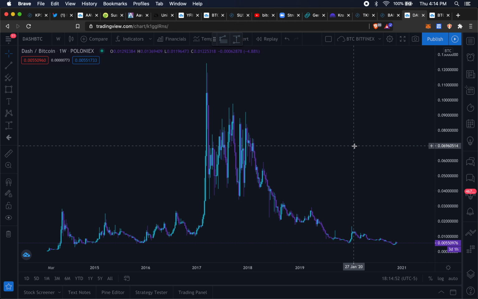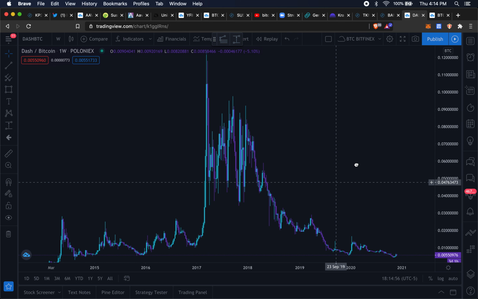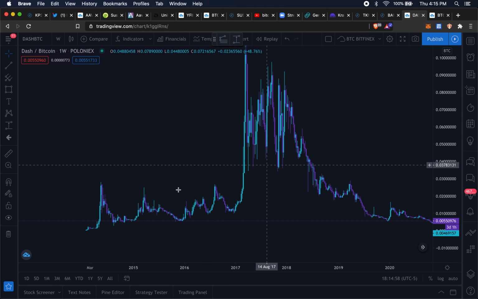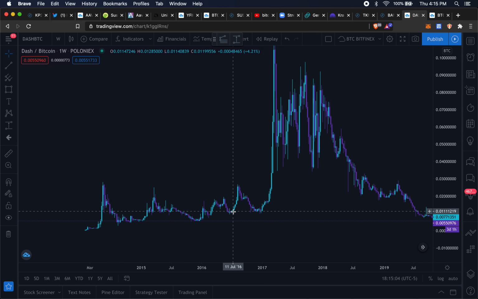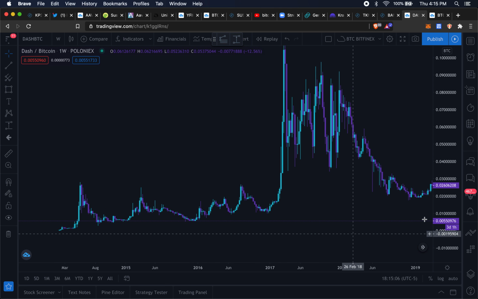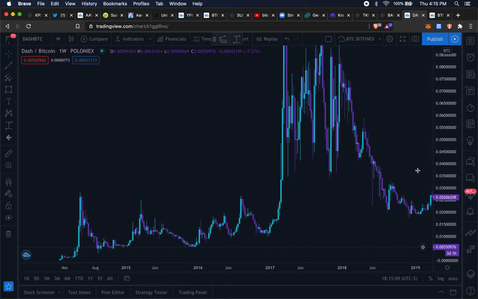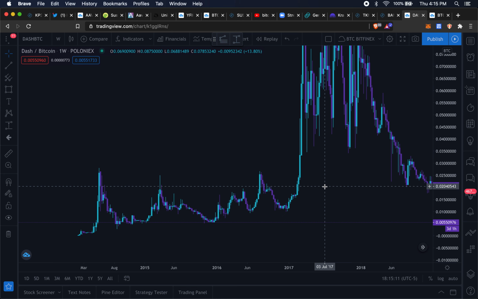But you get the idea. So even before we had the parabolic top on Dash, during the bear market of 2014 and 2015, you had all of these mini cycles. So even when Bitcoin was not really doing a lot, you could have been making incredible gains, multiplying your Bitcoin.